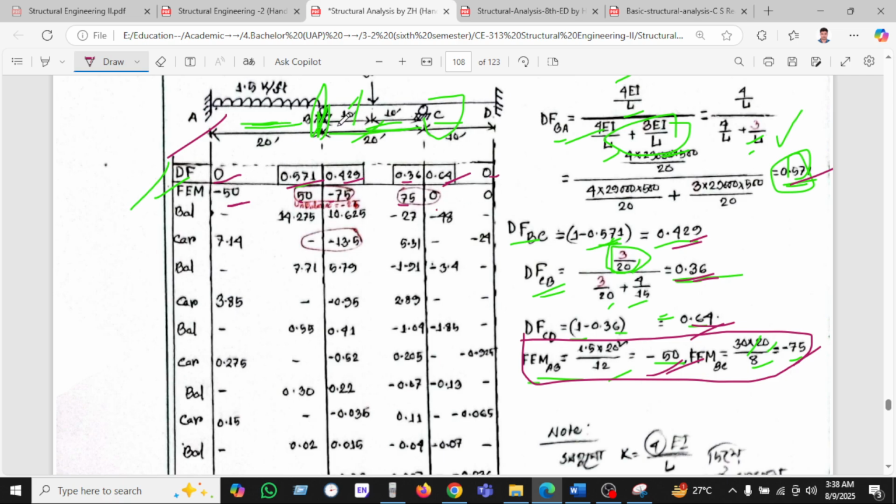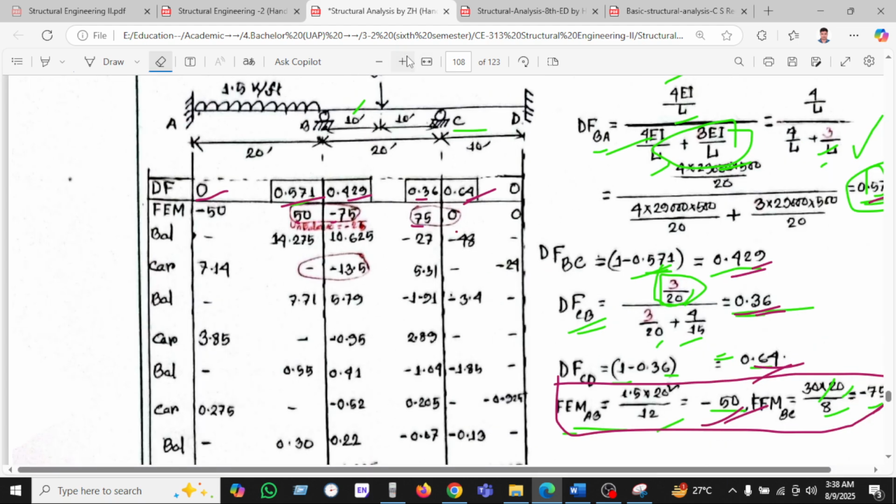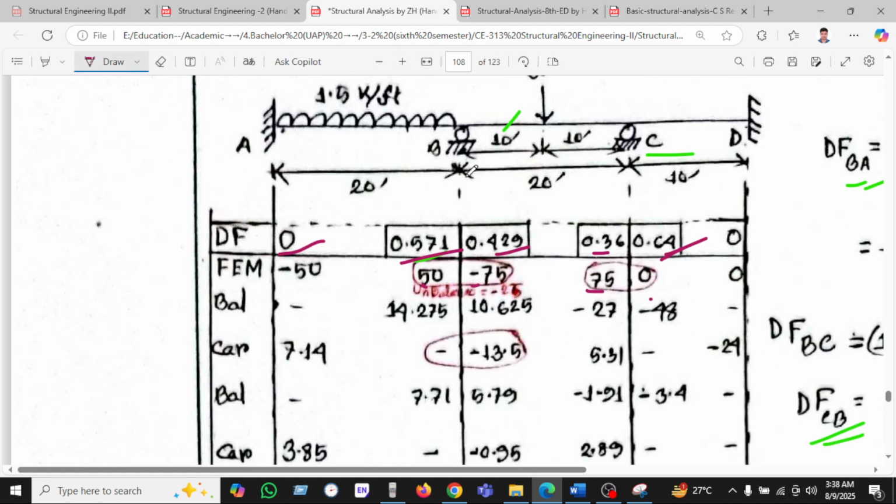As we have seen in this diagram, at point B we found 50 and minus 75.